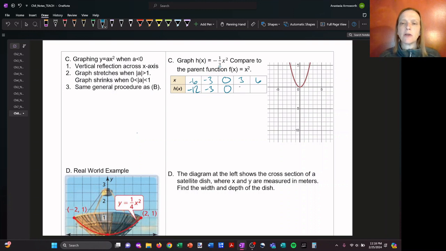And then on the right side of the data table, I end up with symmetric points on the positive side of 0.